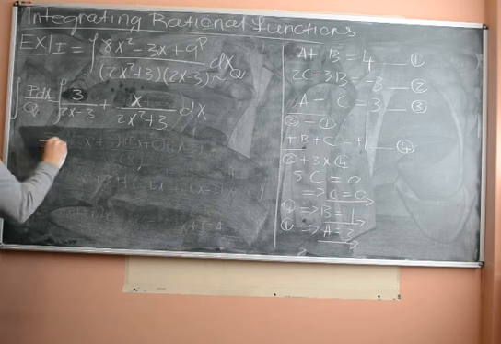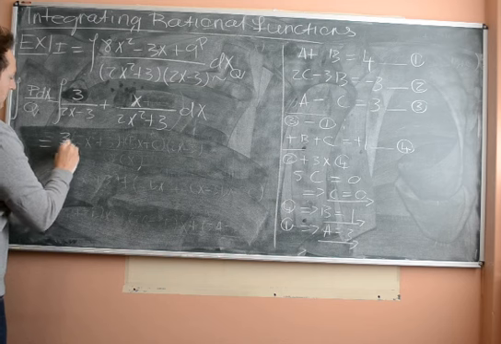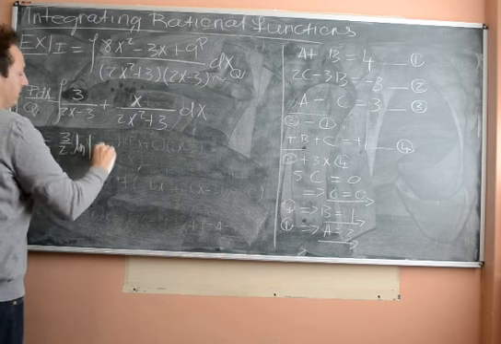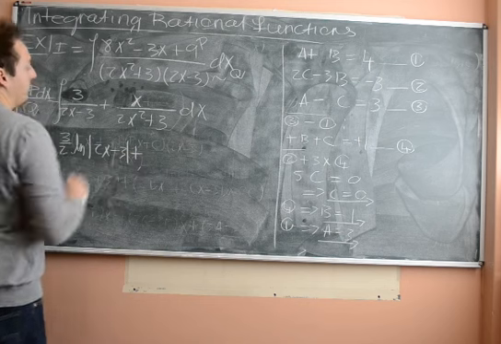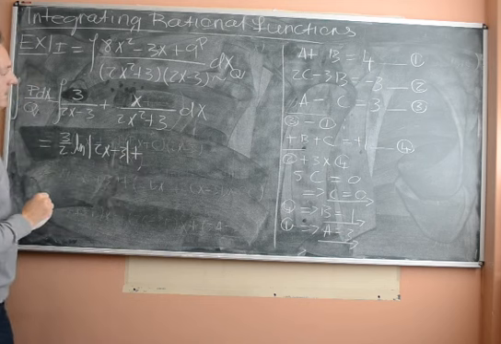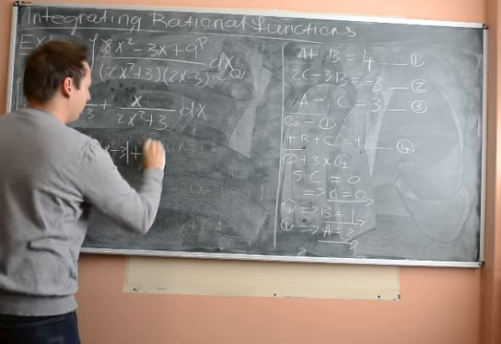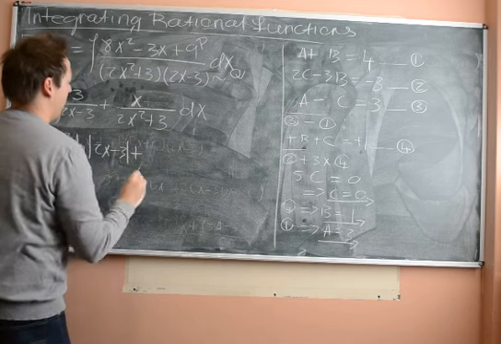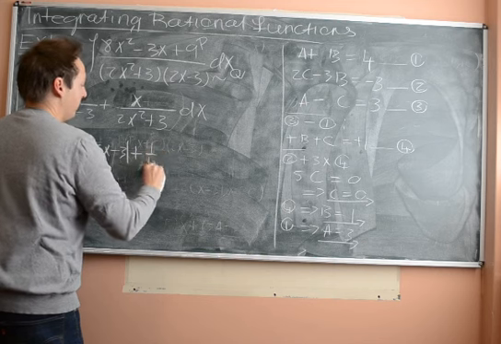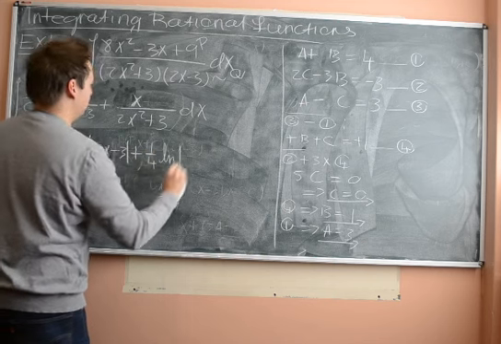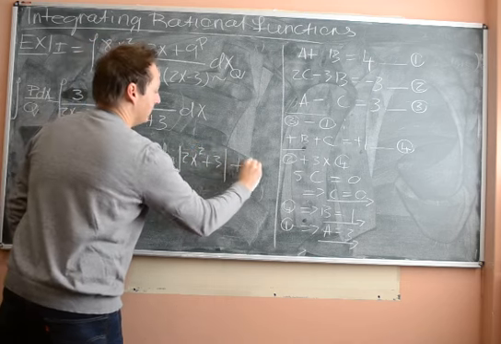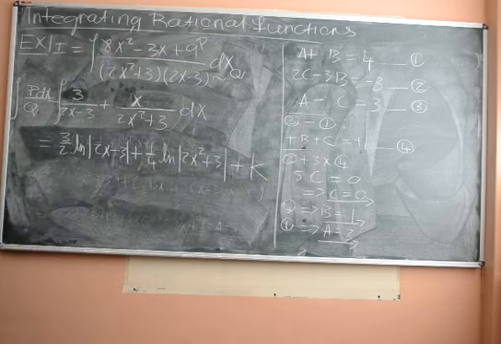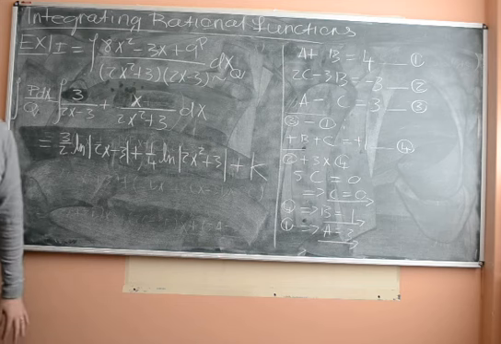If we evaluate these integrals, the first one gives you 3/2 ln|2x − 3|, and the second one gives you 1/4 ln|2x² + 3|, plus a constant k. And that's how it's done.